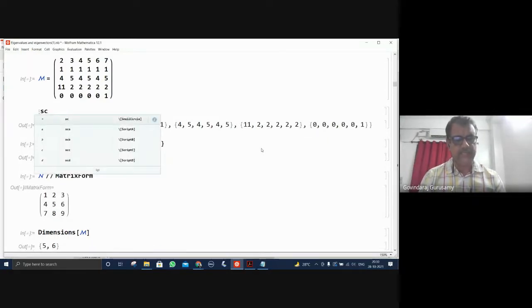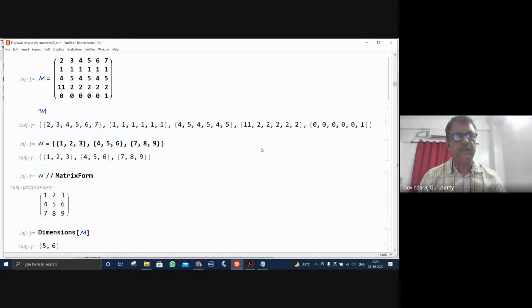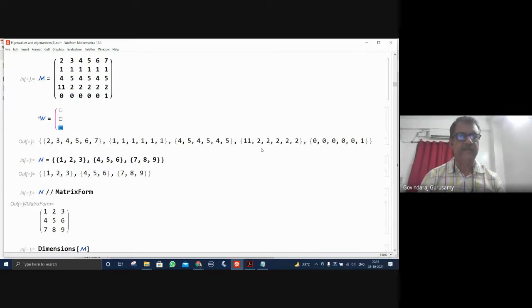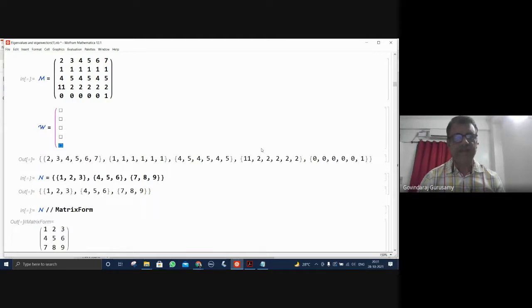Let me write it as a capital W, equal, and I'm going to make a matrix now. What you have to do is start with matrix, open a parenthesis here, then go to the control, enter. See, 2, 3, 4, 5. Then go to next.